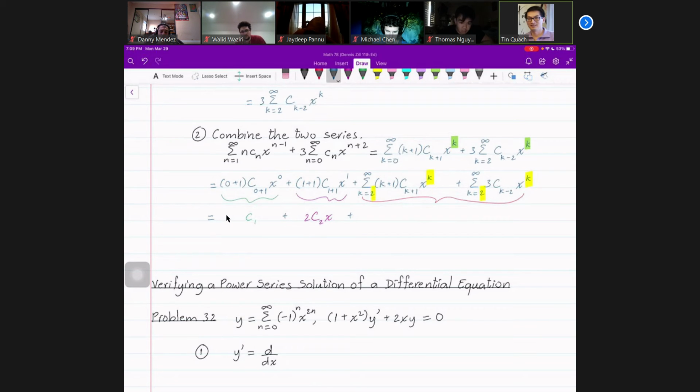So that gives you the sum from k equals 2 to infinity of, and for these two, it's like you're combining like terms, right? They have x to the k in common. You factor it out. So on the inside, you have k plus 1, c sub k plus 1 plus 3 c sub k minus 2, and then you have x to the kth power, like that.